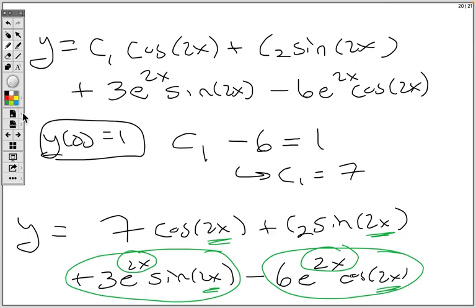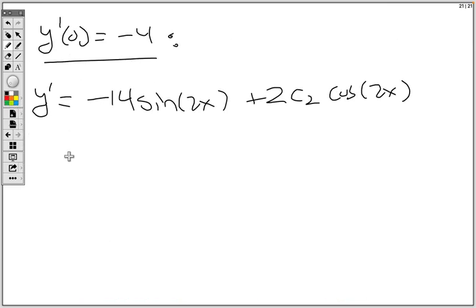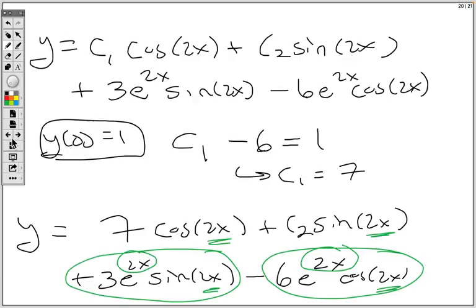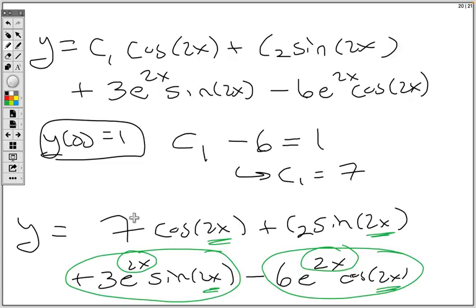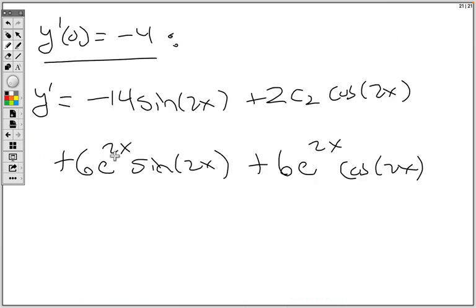That'll give me 6e to the 2x sine 2x. Plus 3e to the 2x times 2 cosine 2x. So that's going to give me a 6e to the 2x cosine 2x. Over here, I'm going to have a 6e to the 2x times 2 cosine 2x. So that'd be a minus 12.